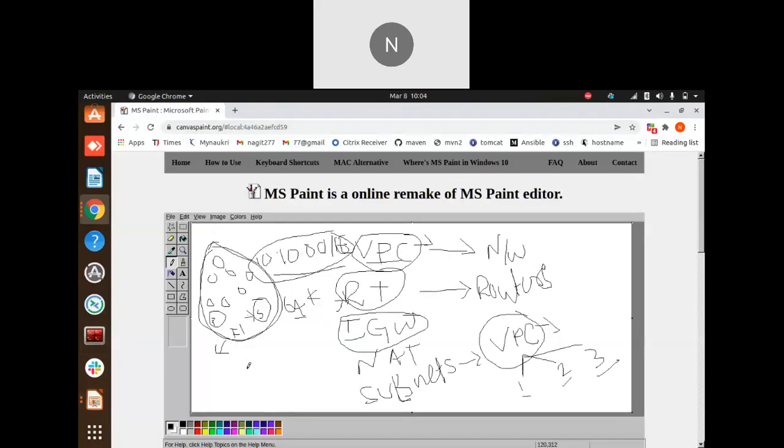Suppose it is 2 to the power of 32 minus 16. If you have /16, we will get IPs 2 to the power of 32 minus 16, that is 2 to the power of 16, which is almost 65,000 IPs.